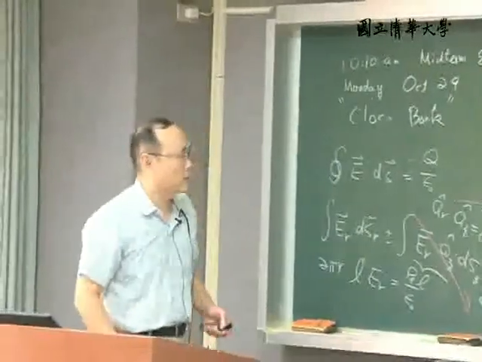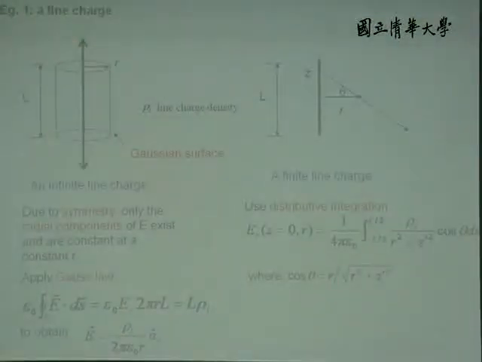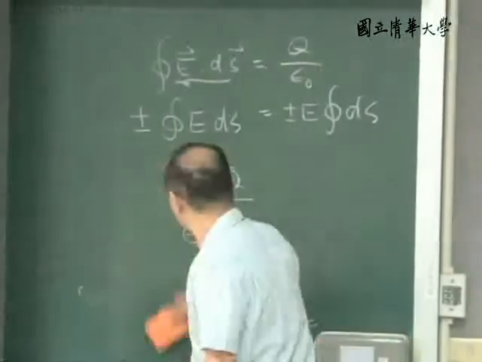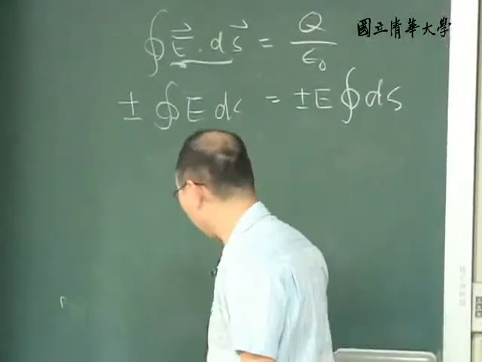Okay, so in this example, I give you a calculation for the electric field at this point, right at the midplane of this line. 因为在这个 midplane 上头，so you can do a calculation.